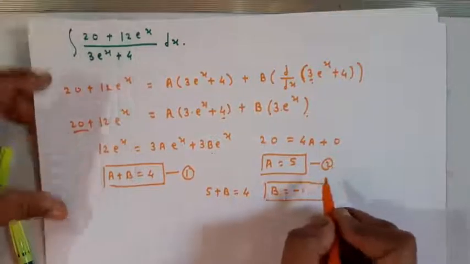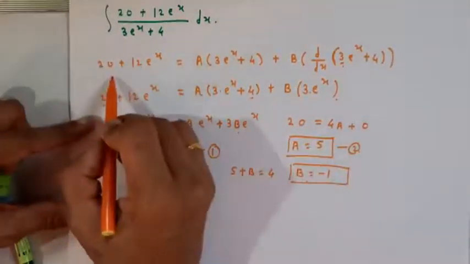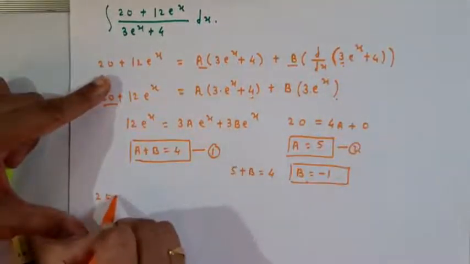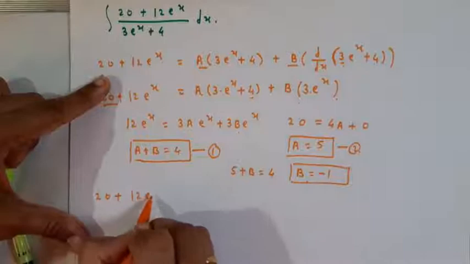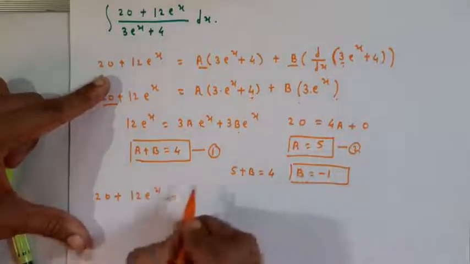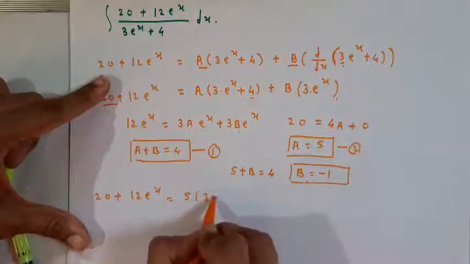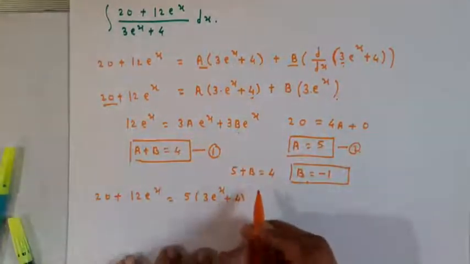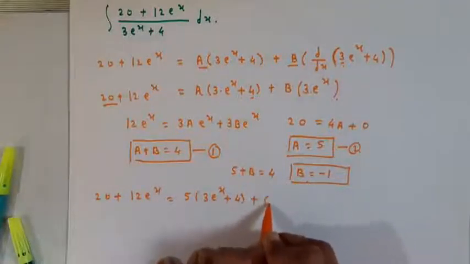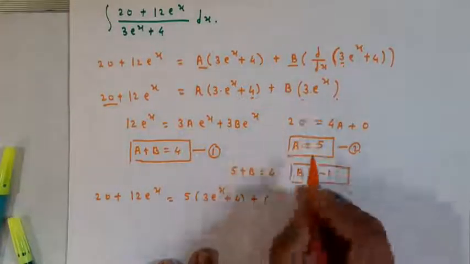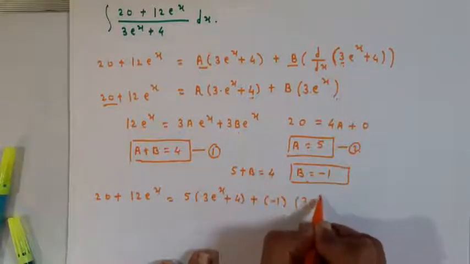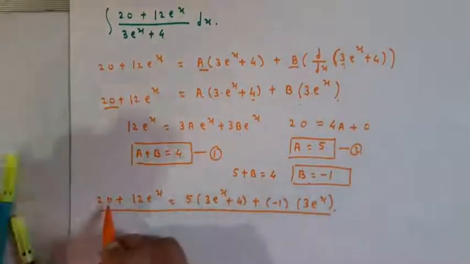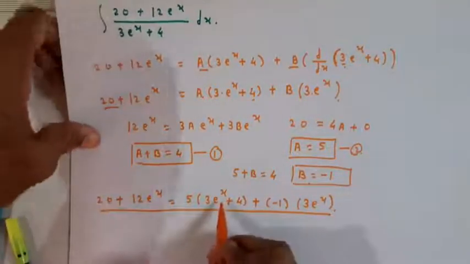Now rewrite the numerator by using the values of a and b. So 20 + 12e^x equal to a is 5 into (3e^x + 4), plus the value of b, minus 1, into the derivative of the denominator, which is 3e^x. Okay students, so in the given integration, instead of writing the numerator, put this value.